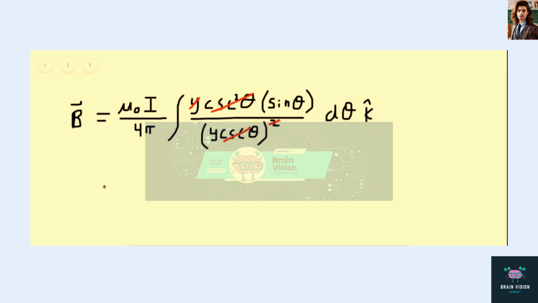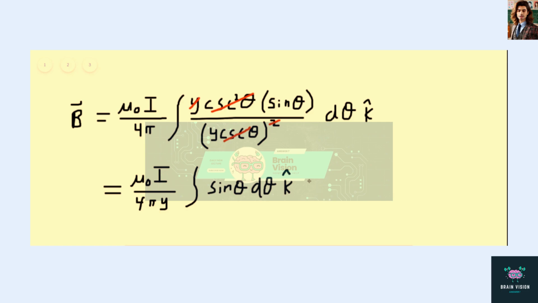Y is a constant, so we can simplify this even more. This comes to be mu naught times I over 4 pi y. And now we're integrating with respect to sine theta d theta, which is a much easier integral. Of course, this is in the k-hat direction.